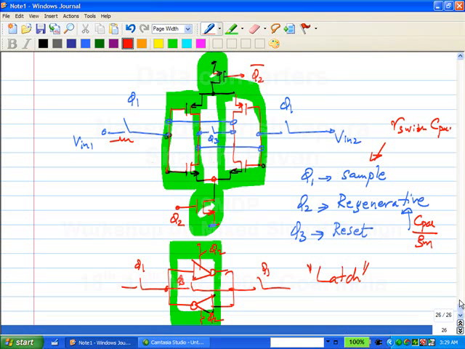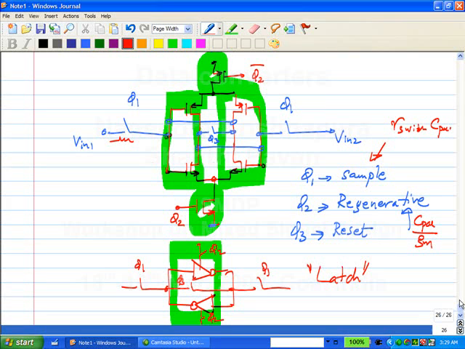You could come up with others. If you used any other voltage controlled current source, putting two of them like this would also give you similar behavior, right? So therefore there are any number of circuits for latches. Okay, in a lot of digital work, for example, the reset phase may not be there, because the inputs are so large, right?